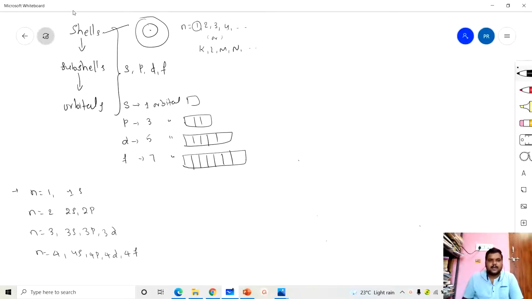So the number of shells is equal to the number of subshells. What does it indicate?